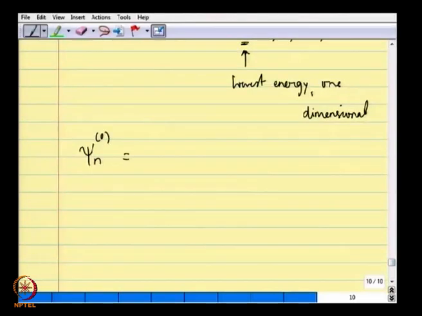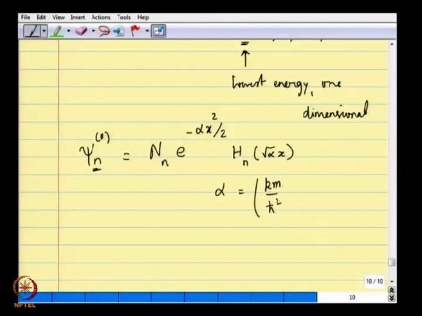The wave functions are given by a general formula with a normalization constant N, which is dependent on n, times an exponential of minus alpha x square by 2, I will just write down, and the Hermite polynomials of the argument root alpha x, where the constant alpha is a function of the harmonic oscillator parameters, namely the mass and the force constant, and alpha is given by k m by h bar square, where h bar is Planck's constant divided by 2 pi, to the power 1 by 2.